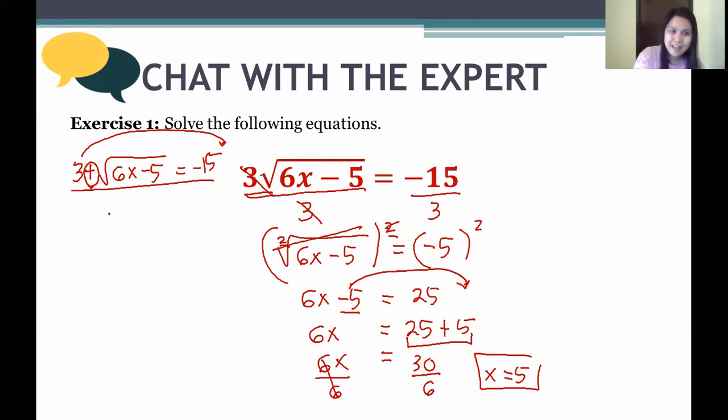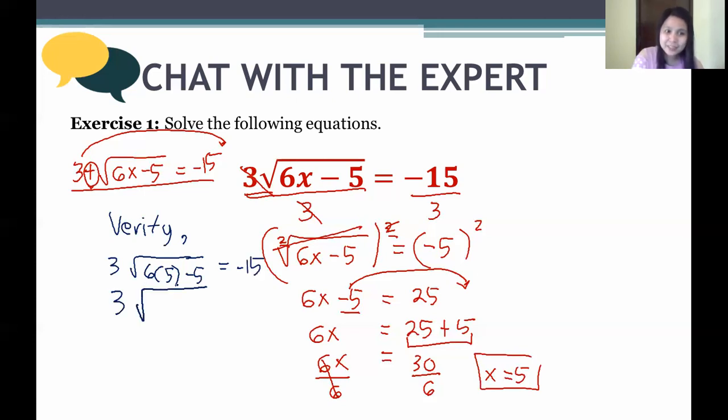Now to verify, we have 3 square root of 6 times 5 minus 5 equals negative 15. So 6 times 5 is 30, minus 5. That's 25, right? Negative 15. What's the square root of 25?